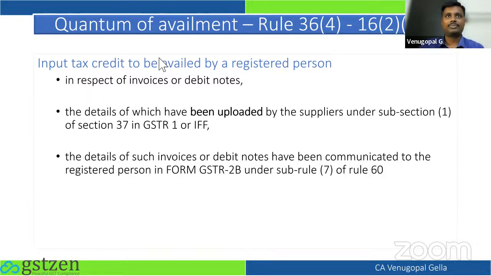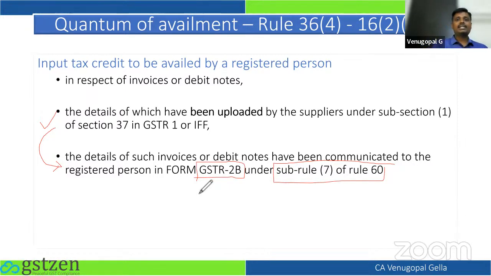Not just that, please note, just because the supplier has filed GSTR1 doesn't entitle you to credit. You have another condition, that the information should have been communicated to you as a recipient in GSTR2B. So rule 60 sub rule 7 says the communication should happen by way of GSTR2B. Now, what does this mean?